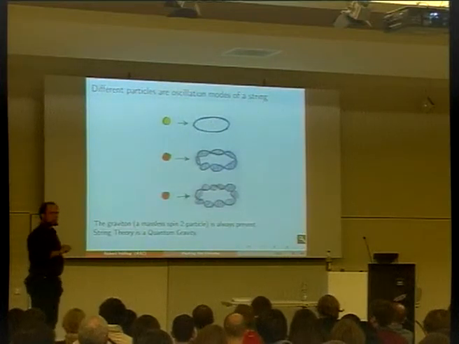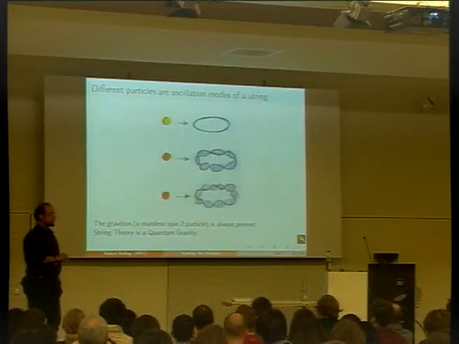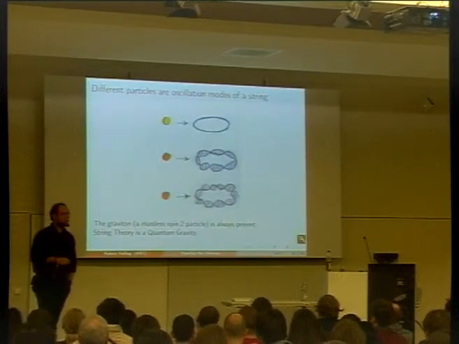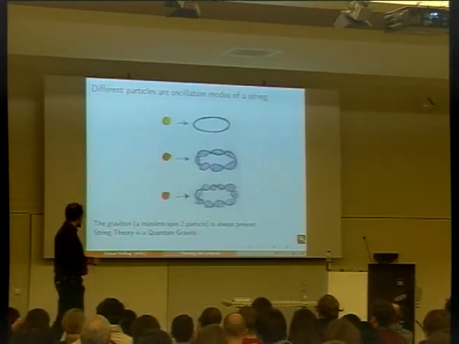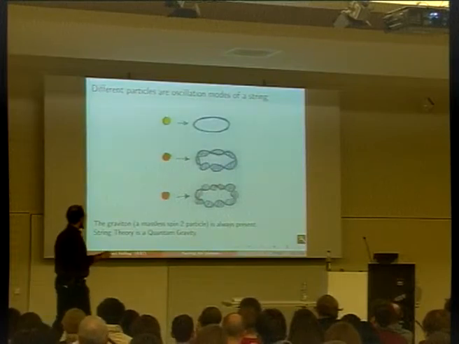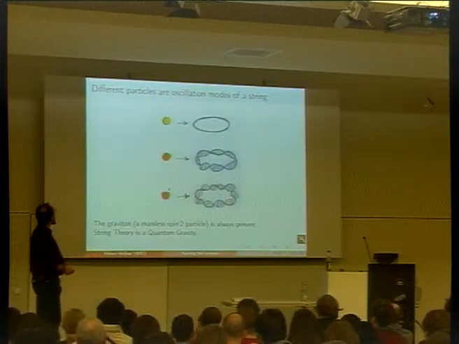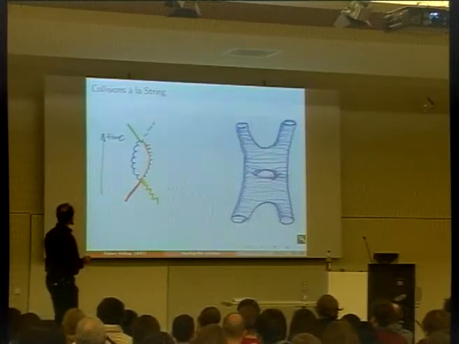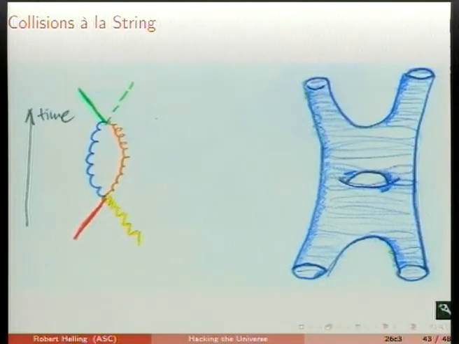So string theory, no matter what you do, always has gravity, and by construction it's a quantum theory. So string theory is a theory of quantum gravity, and it's the only known powerful, consistent theory of quantum gravity that we have.